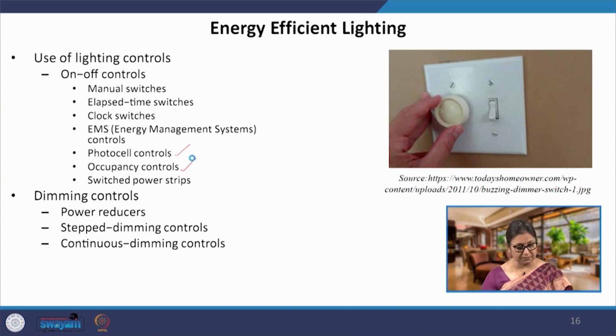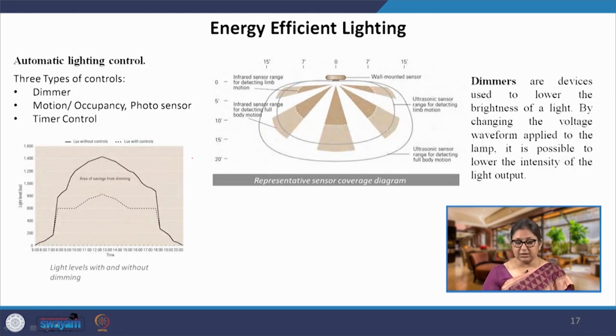The way we control the speed of fans, similarly we can control the illuminance that we are going to get from the fixture. So, what we have seen here is that we have dimmer controls, motion or occupancy sensors and photosensors, and we can also have timer controls. There is a timer, just like you have in your air conditioner these days. We can set a timer so that the light turns on at, say, 6 in the evening and turns off at 6 in the morning.